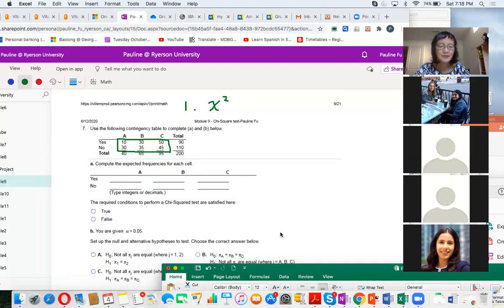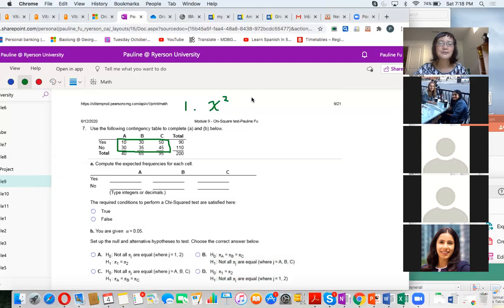This is the very basic model. To do the chi-square test, step 1, you press the F3 button, F3 test, and then F3 again, chi-square test. So F3, F3, and then F2, two-way.